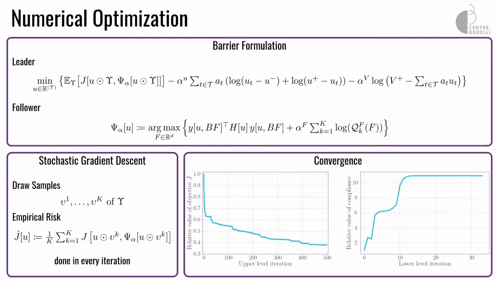But yeah, okay, in your stochastic gradient descent, you say you have the upper level and lower level iteration. So you mean the outer loop, you draw samples, and after you minimize the empirical risk? Yeah, we draw samples, we compute the empirical risk, we compute the gradient of the empirical risk, and then we take a gradient step in this direction. You're just doing a gradient step? Yeah, just one.